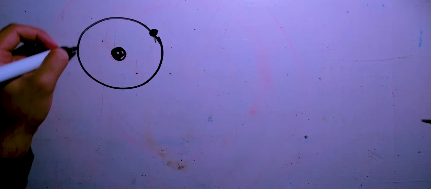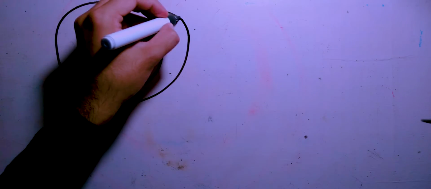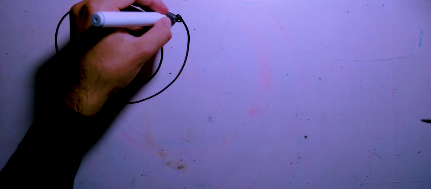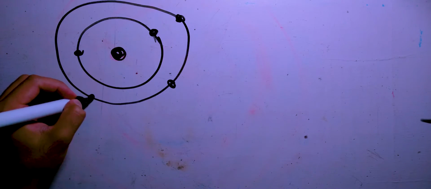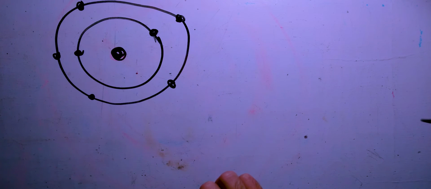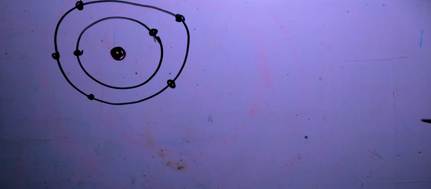I'll put in 2 electrons here and then move to the next shell, because that's how many electrons can be fitted in that shell. Then 2, 3, 4, 5, 6, 7. Nitrogen has 7 electrons, and so I fill them in this way: 1, 2, 3, 4, 5, 6, 7. There I go, and I have filled up all the electrons.